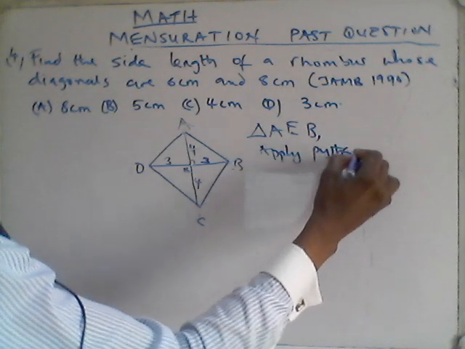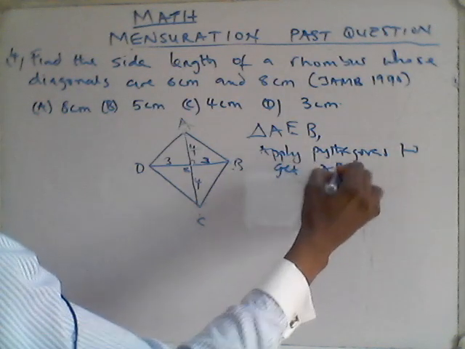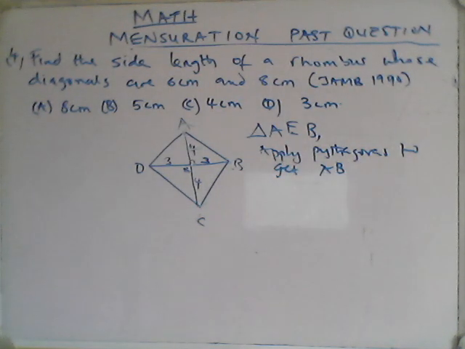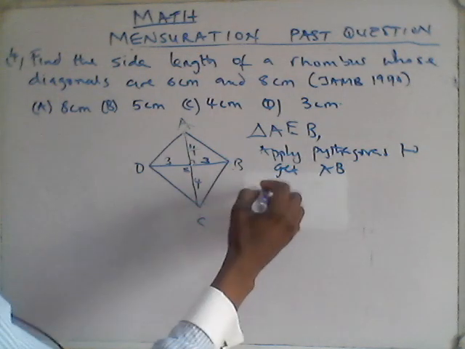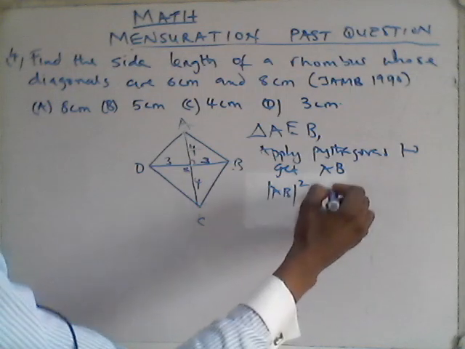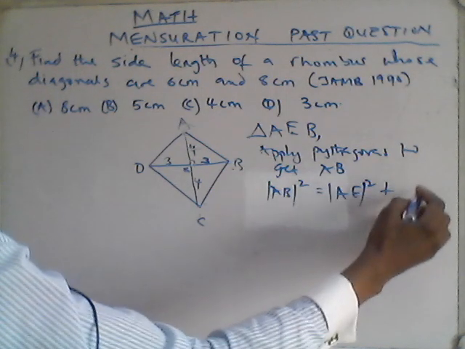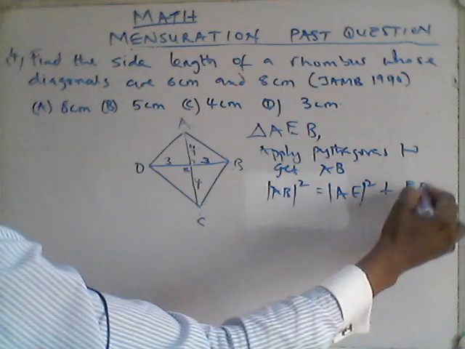So I'll write out the Pythagoras expression. AB squared is equal to AE squared plus EB squared.